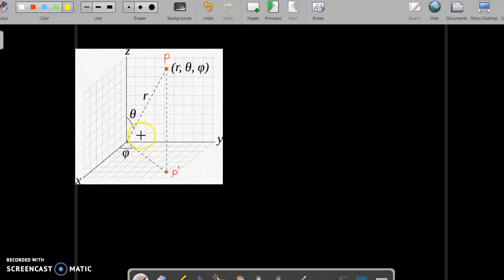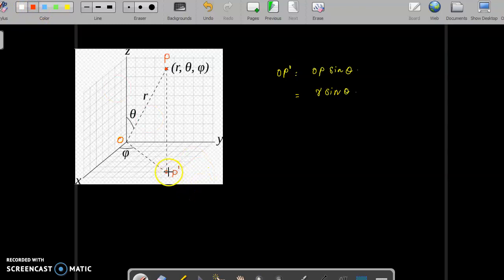Now what is OP dash? If you look at OP dash, it is OP sin theta. Whereas OP is the radius, so it is r sin theta.